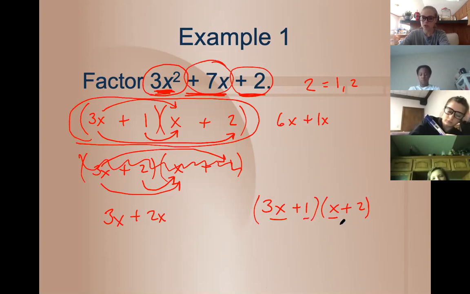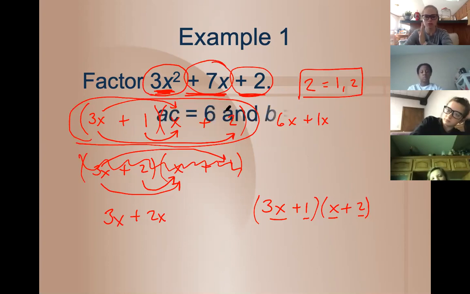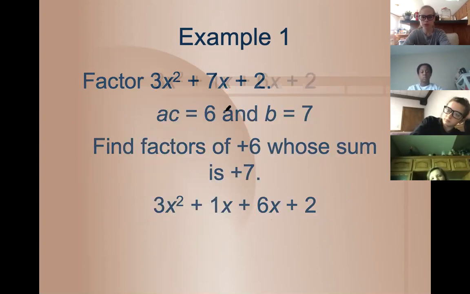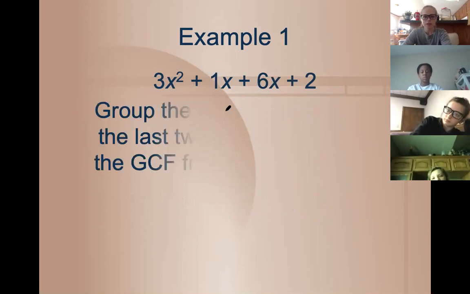My last two numbers, 1 and 2, I'm still listing out the factors of my last number in my trinomial. That's not changing. What I do have to find out, though, is how this 3x at the front is going to affect that middle term. Let's do another one, okay? Let's see here.